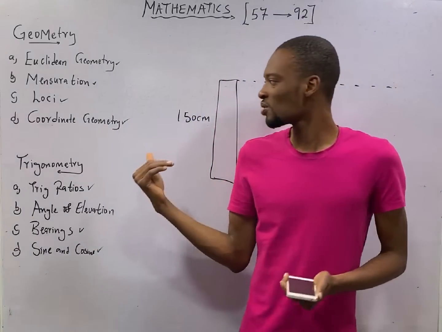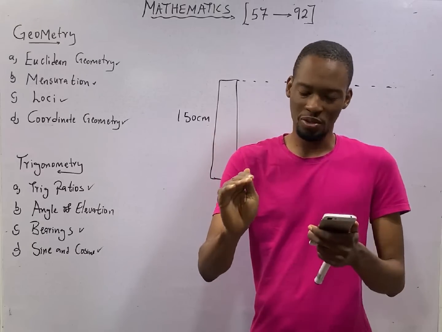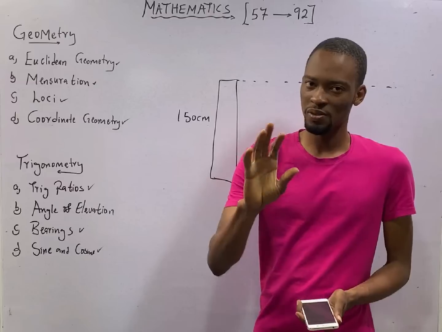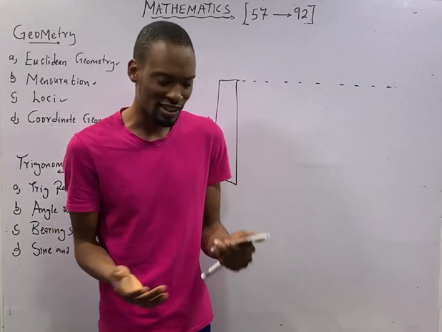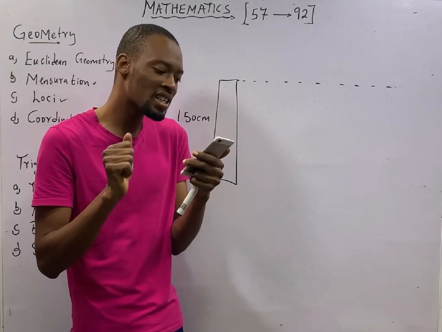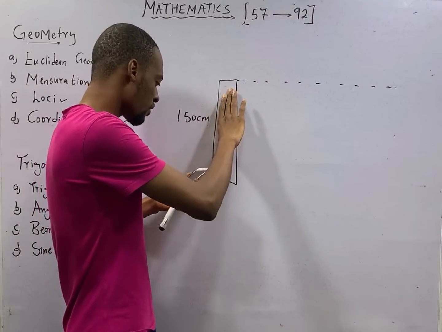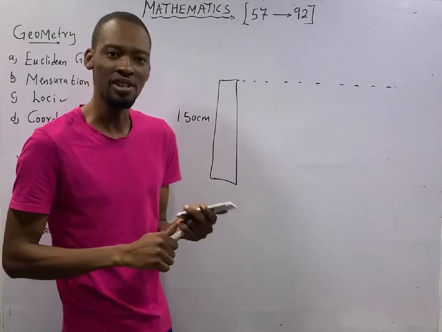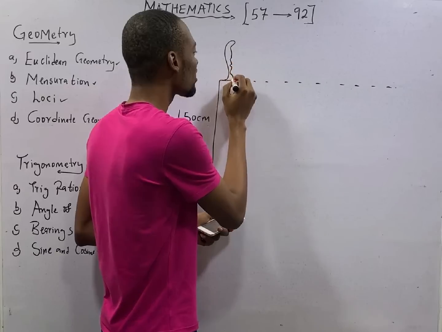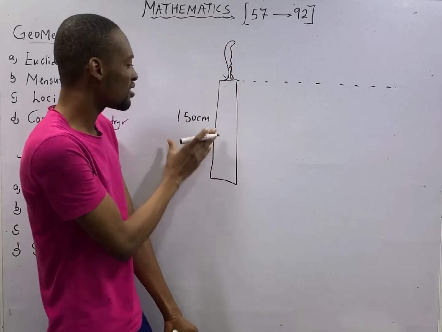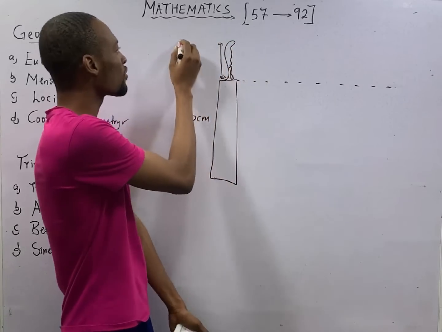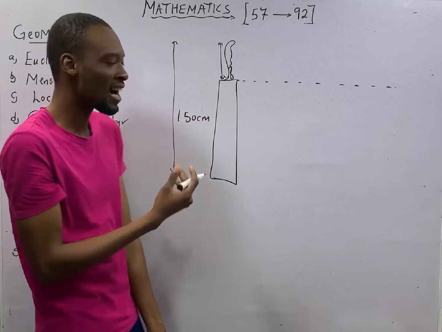Now, in this question and in most questions, we usually have assumptions. There is a lot of assumption. Normally, if there is a 150 cm high tree like this, and the man is standing on the tree, we are also supposed to have the height of the man, so that from here to here we have the total height.